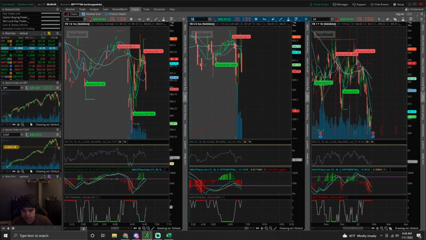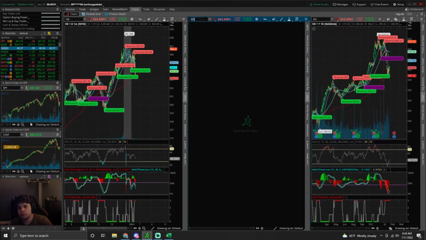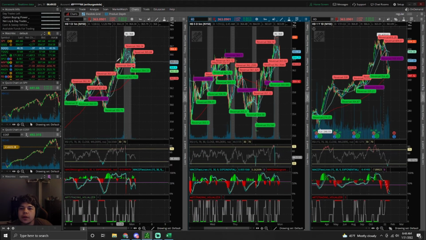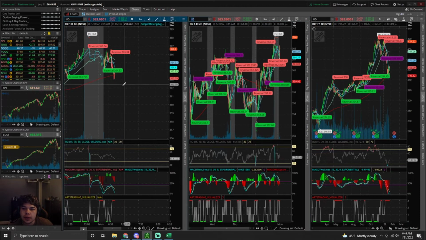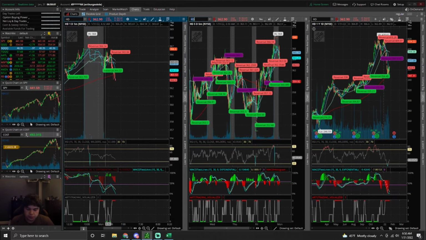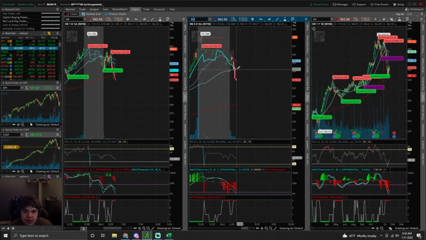Home Depot. Home Depot is falling below the 200 SMA and falling with the 9 SMA, so I would be careful here as well. You pretty much sliced right through it on the 1 minute chart. The 5 minute chart is rejecting with the 9 SMA.